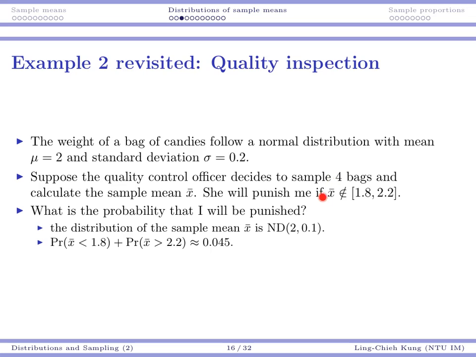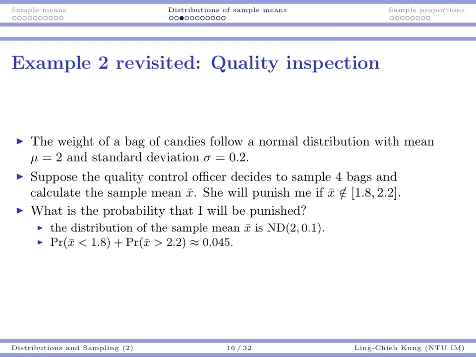We hope that the sample mean is within 1.8 and 2.2. So I want to find the probability that I am unlucky. We now know the distribution of the sample mean X bar is exactly a normal distribution with mean 2 and the standard deviation 0.1.